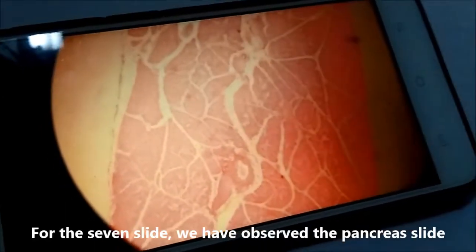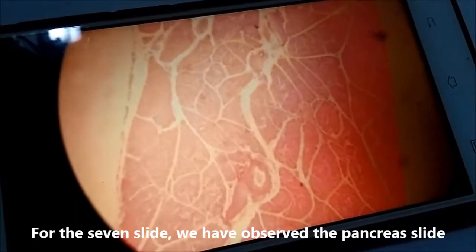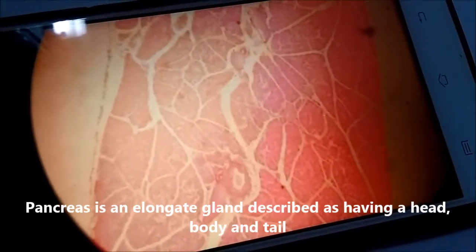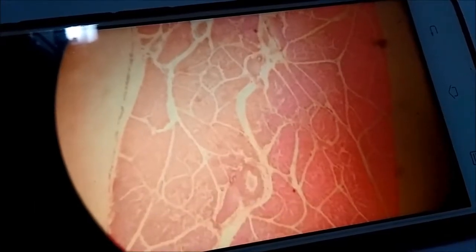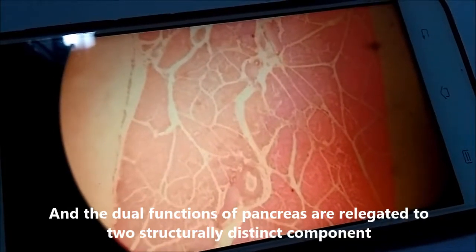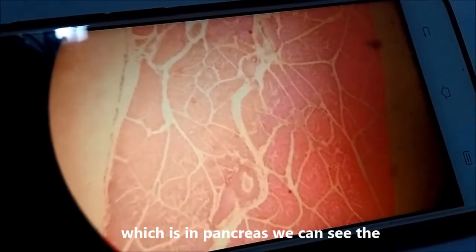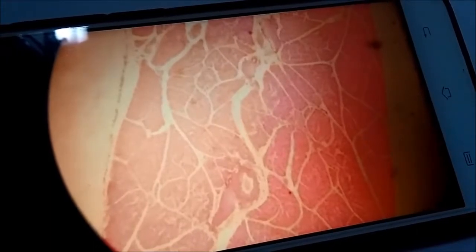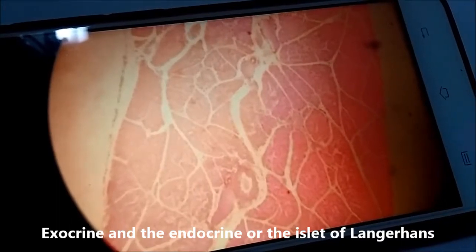Okay, for the seventh slide, we have observed the pancreas slide. The pancreas is an elongated gland described as having a head, body, and tail. The dual function of the pancreas is related to two structurally distinct components, which we can see in the pancreas: the exocrine and the endocrine, or the islets of Langerhans.